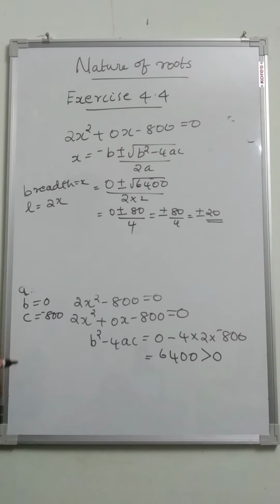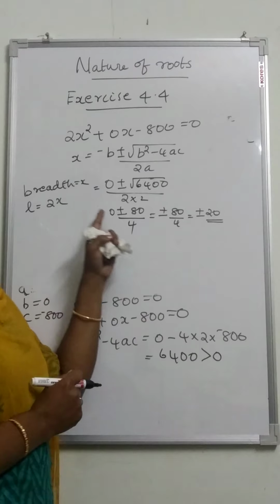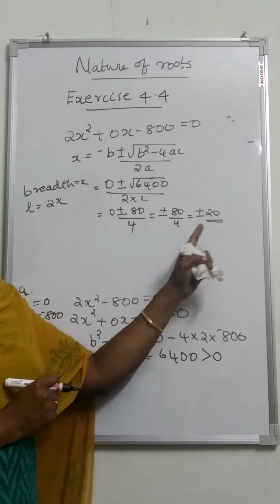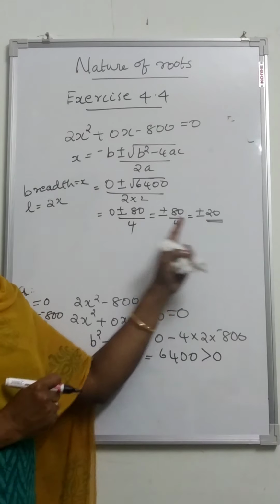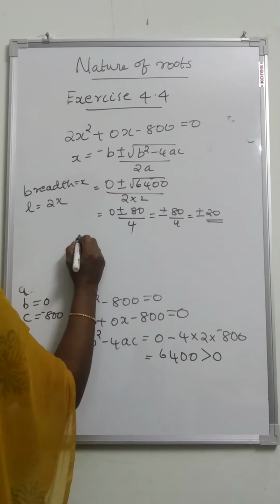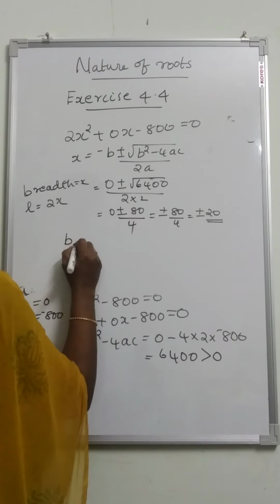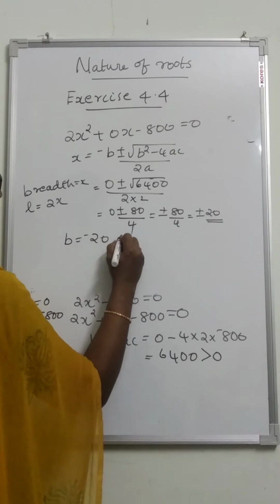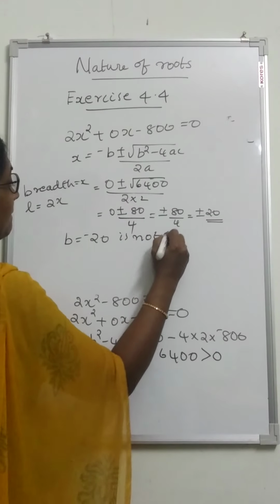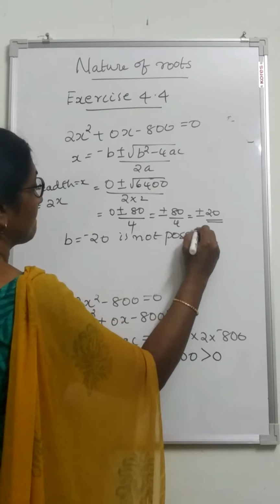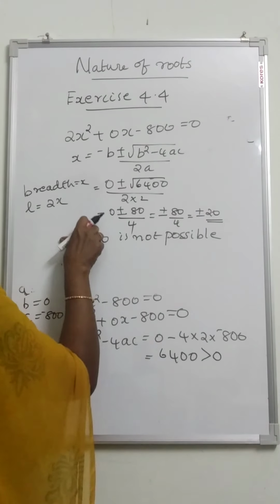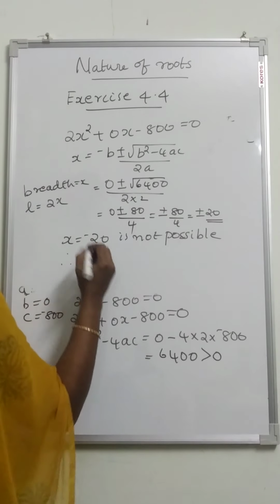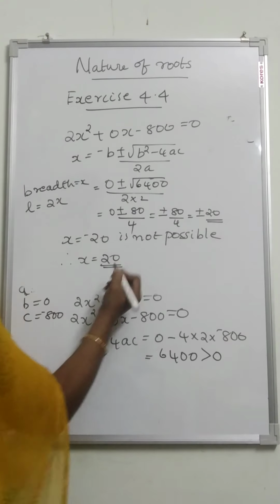These are all measurements, a breadth and a length. That can never be minus. Can it? That is, breadth equal to minus 20 is not possible. Therefore, x is equal to minus 20 is not possible.